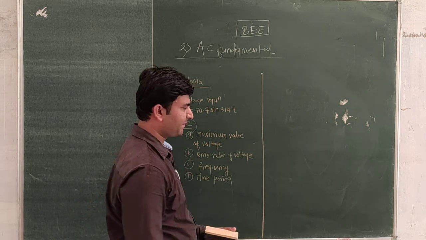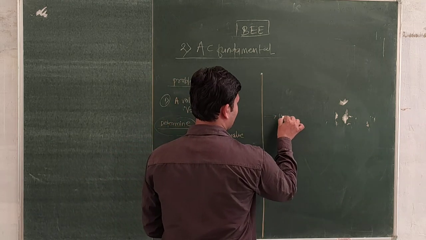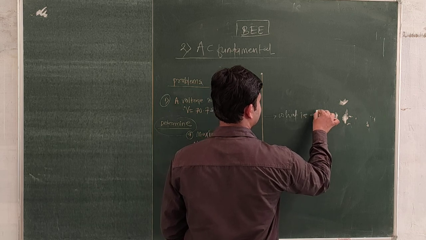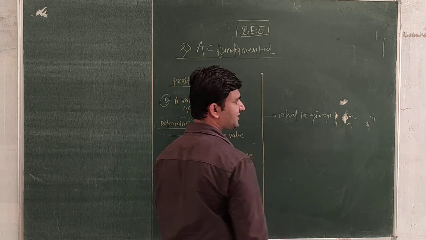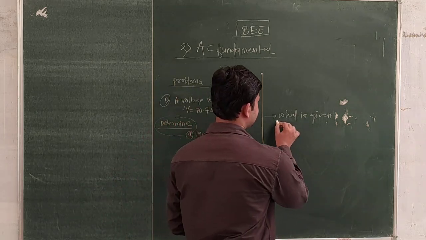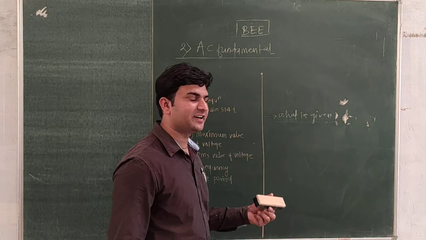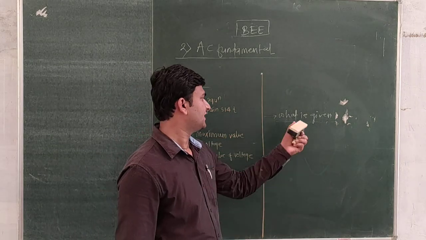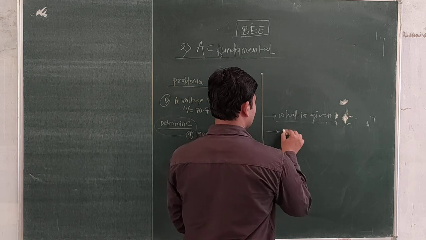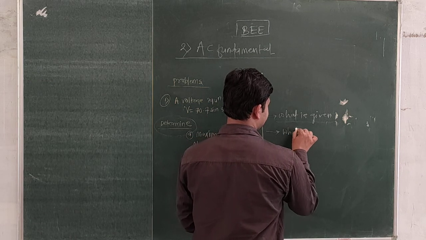Carefully read the problem, then write down what is given. These are the steps to solve any problem. First is what is given. After reading the problem carefully, write down what is given. Second, write down what we have to determine.